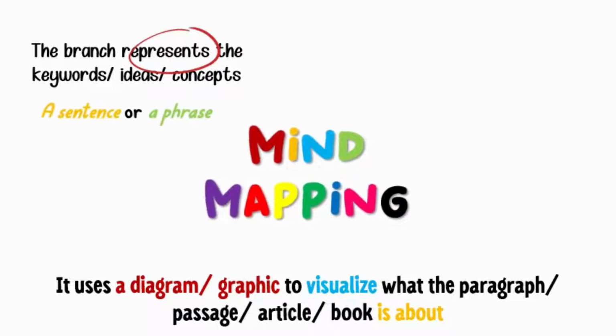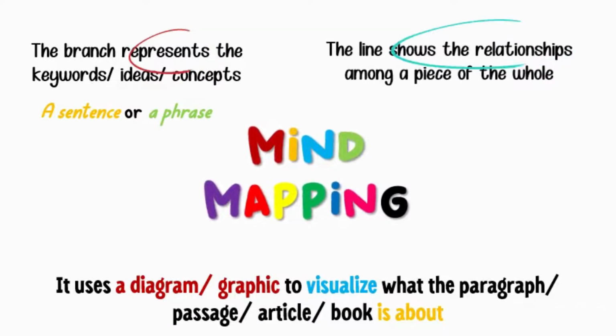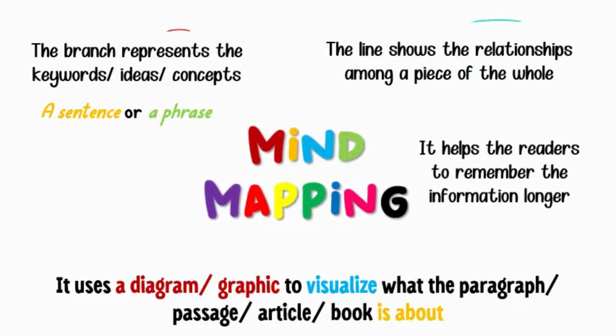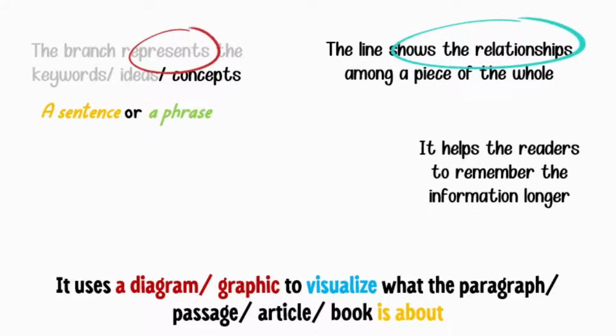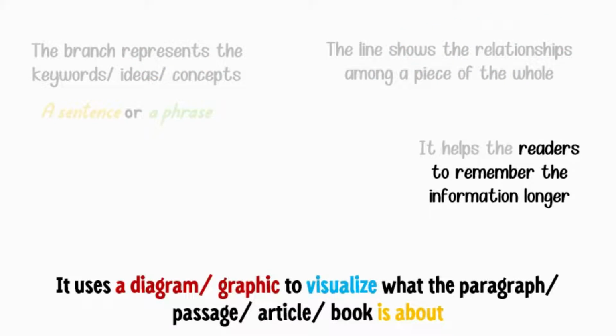Because it is a matter of keywords, ideas and concepts, it can be in the form of a sentence or a phrase. And it has lines that show the relationship among the pieces of the whole. And the last one, because it uses keywords, it helps the reader to remember the information longer.